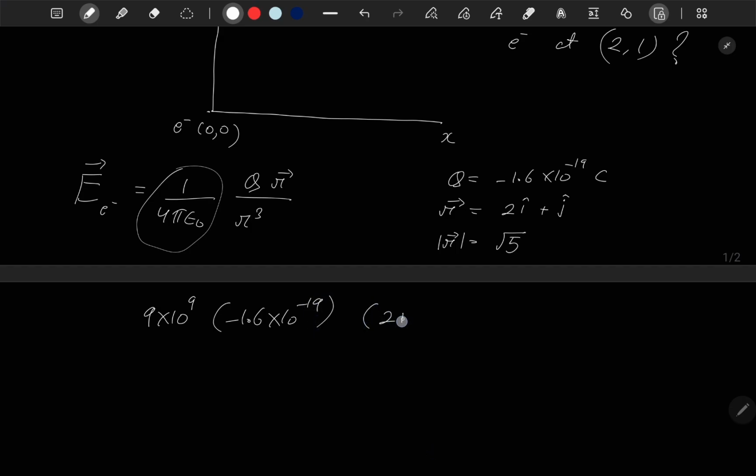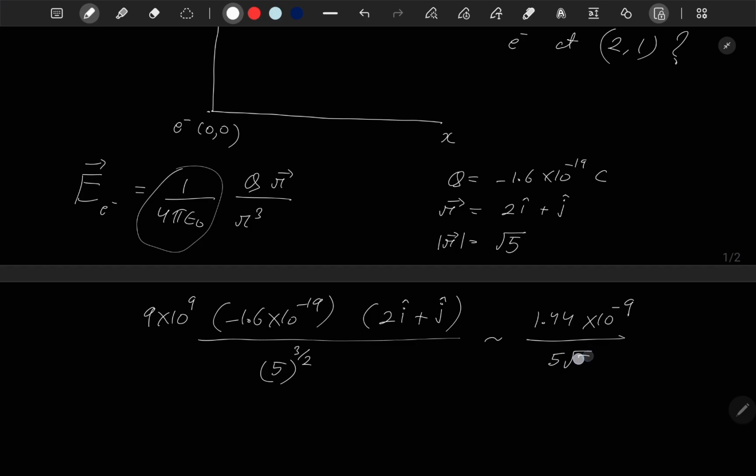R is 2 i cap plus j cap divided by r cube, which is 5 raised to 3 by 2. So this is simply 1.44 into 10 raised to minus 9 divided by 5 root 5, times minus 2 i cap minus j cap.